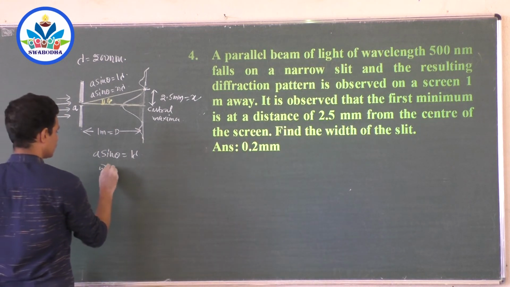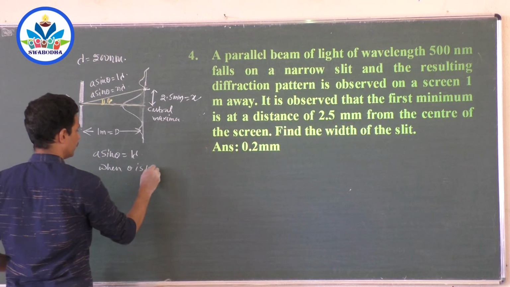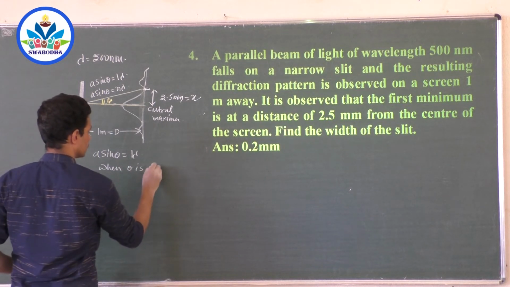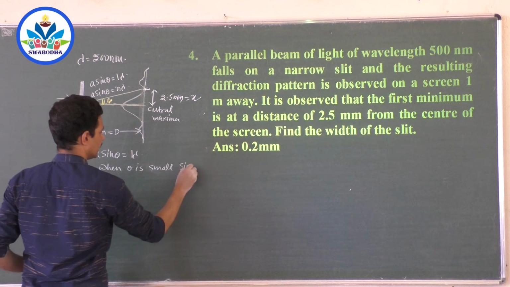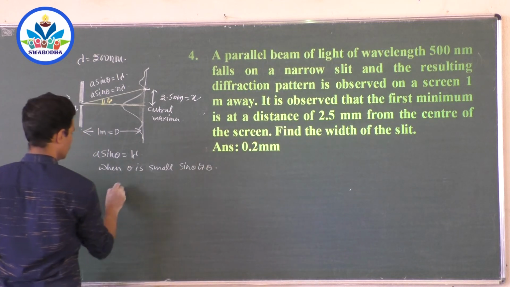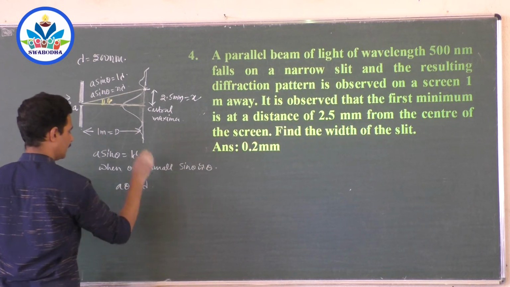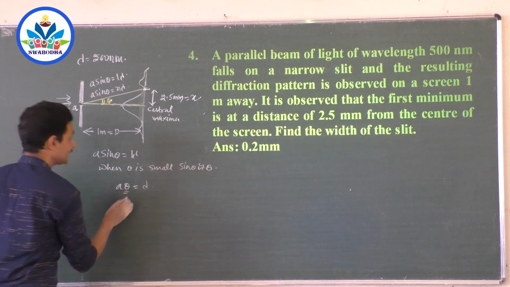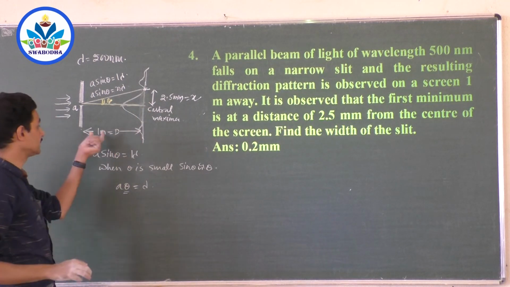So when theta is small, what you can write, sin theta is almost equal to theta, so a theta is equal to lambda. Now try to get this theta in terms of this, because this is given.